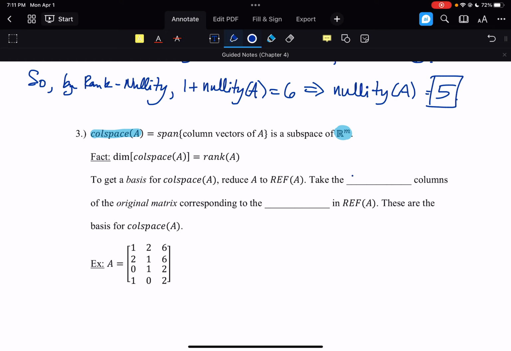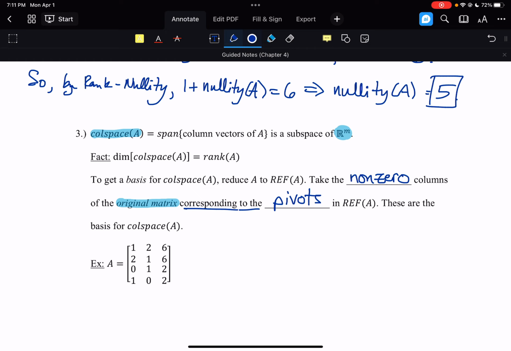We then take the non-zero columns, and this is an important distinction. We take the non-zero columns of the original matrix corresponding to the pivots in row echelon form of A, and these form the basis for the column space.